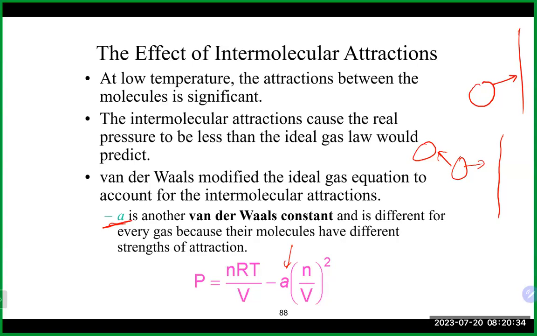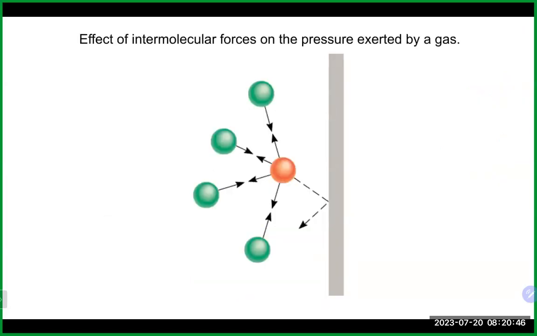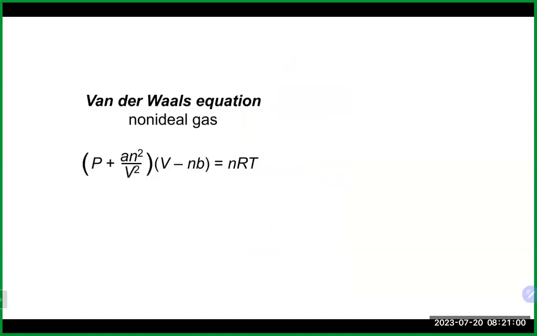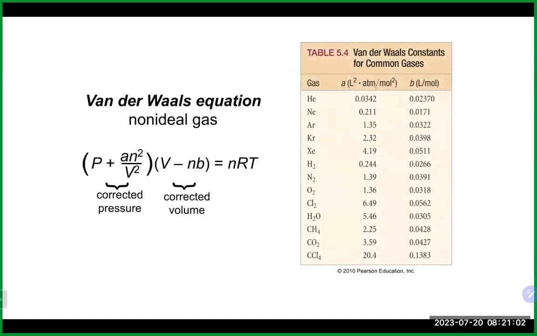Maybe they wouldn't hit as much, or maybe if they were repulsed by each other, they would hit a lot more. So it would have an effect on the pressure that we see under these real gas situations. And that's what we see in this picture here. Again, in an ideal situation, this guy would be free to fly around and bang the wall, not really worried about anybody else. But with those interactions, it could have a good effect, or a bad effect, I guess, on the pressure.